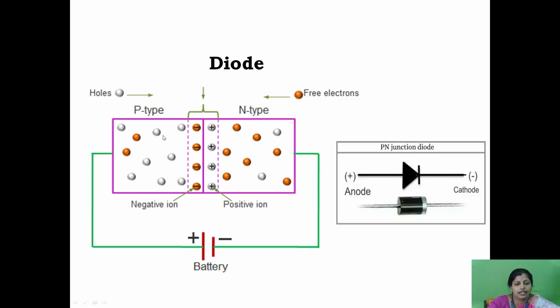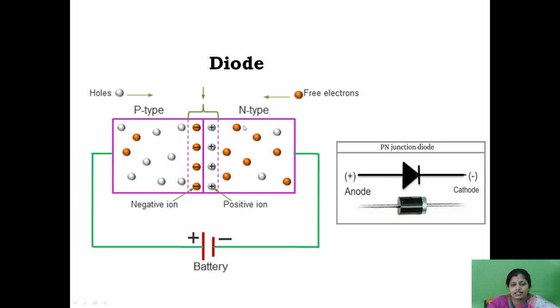This is the P type and this is the N type. In the P region the majority carriers are holes and the minority are electrons; in the N type the majority are electrons and the minority are holes. In the center layer between them, these are negative ions and these are positive ions. The white spheres represent holes and the yellow spheres represent free electrons.